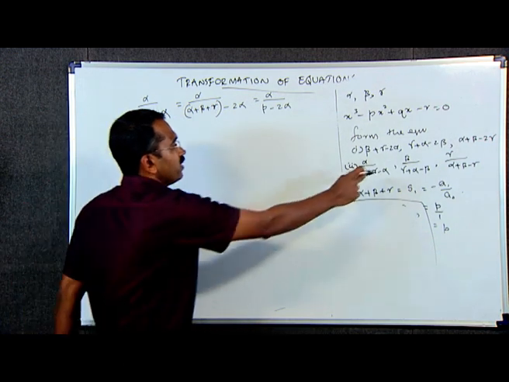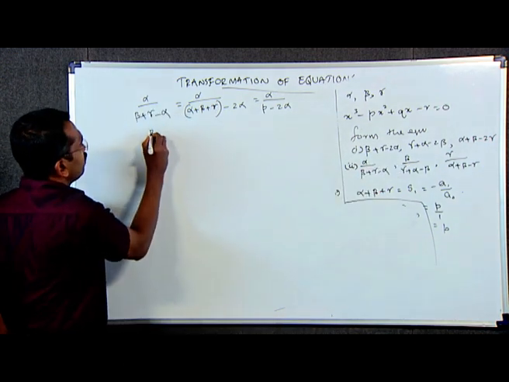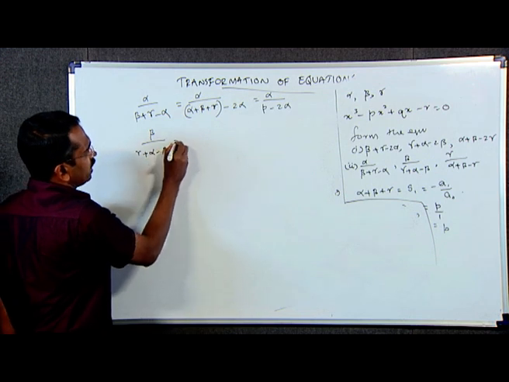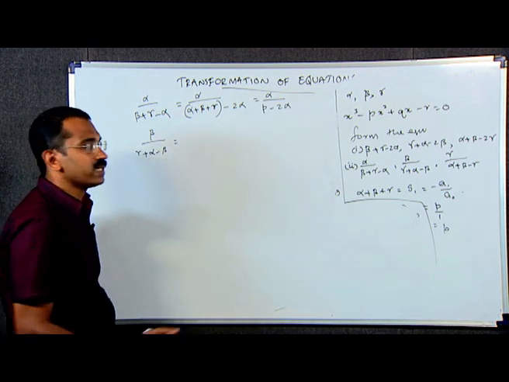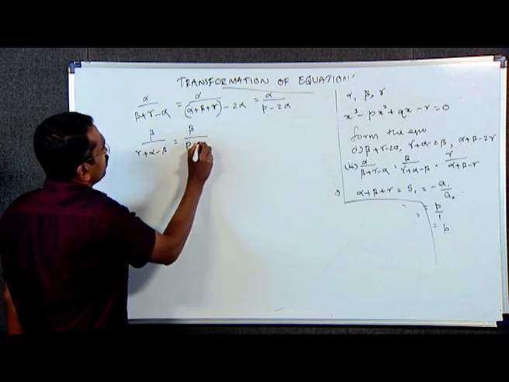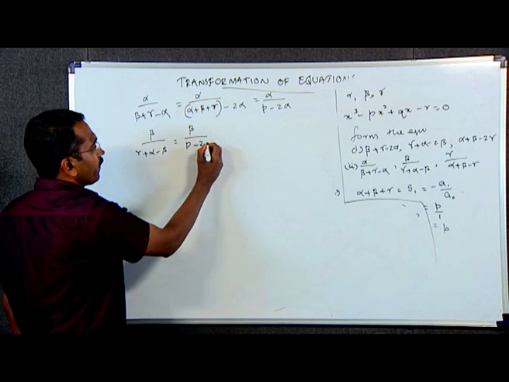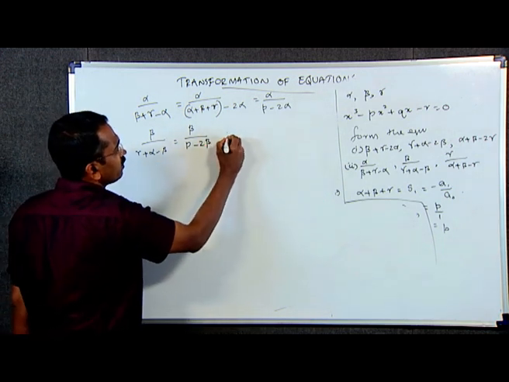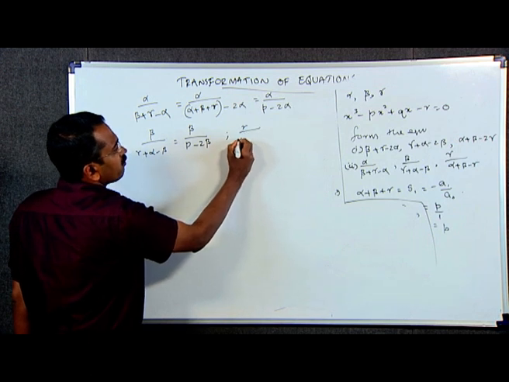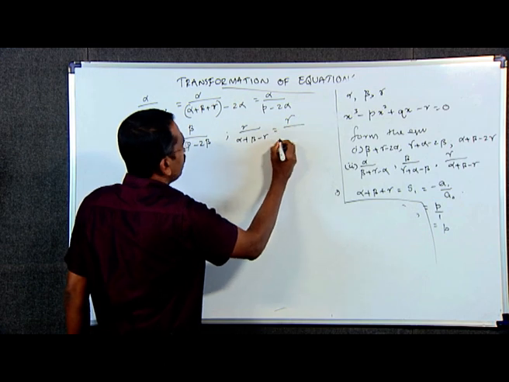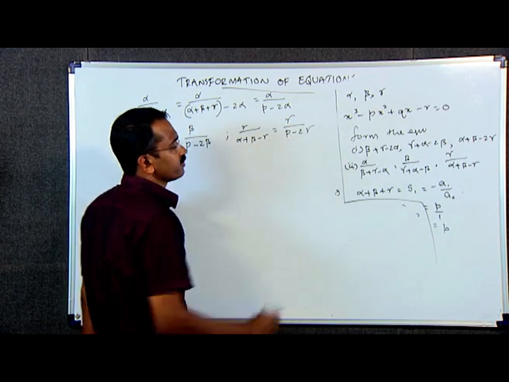Similarly, for the second one, beta divided by gamma plus alpha minus beta can be written as beta divided by p minus 2 beta, and the third one, gamma divided by alpha plus beta minus gamma, can be written as gamma divided by p minus 2 gamma.